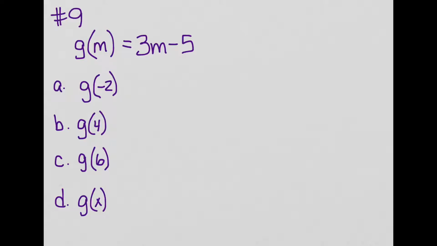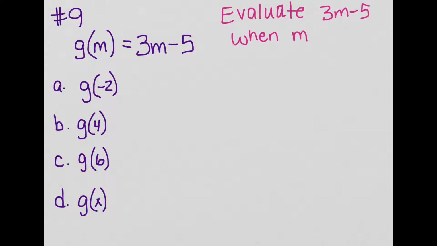Do you remember back in the day, and I'm pretty sure most of you are good at this, because for some reason everyone remembers what to do when you see this. If I said evaluate 3m minus 5 when m equals negative 2, would you know what to do with that?